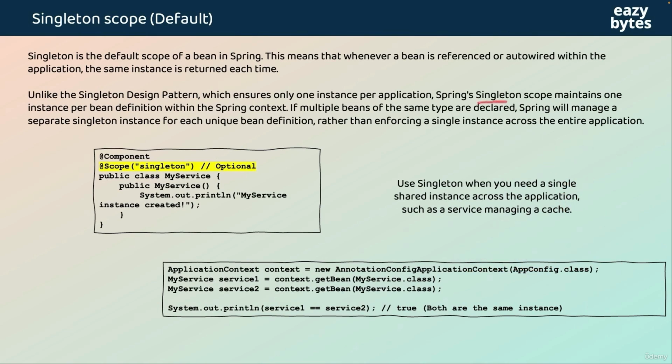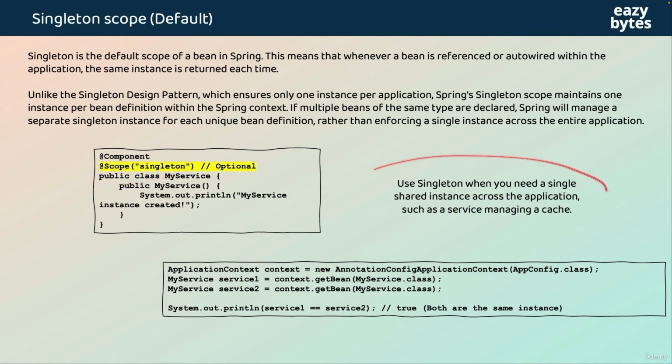Singleton scope always maintains one instance per bean definition within the Spring context. You need to be very careful about this only when you are creating beans with the help of the @Bean annotation. In the case of stereotype annotations, of course, it is not possible for a developer to create multiple bean definitions. They can only create a single definition.